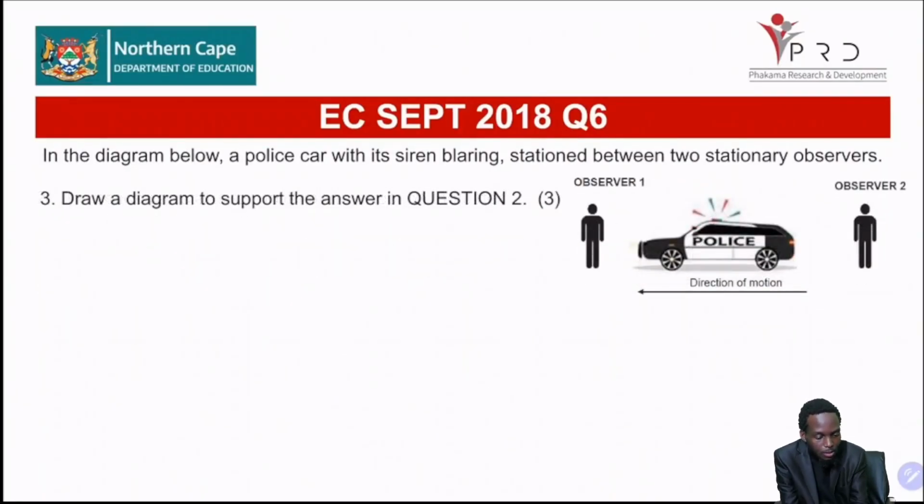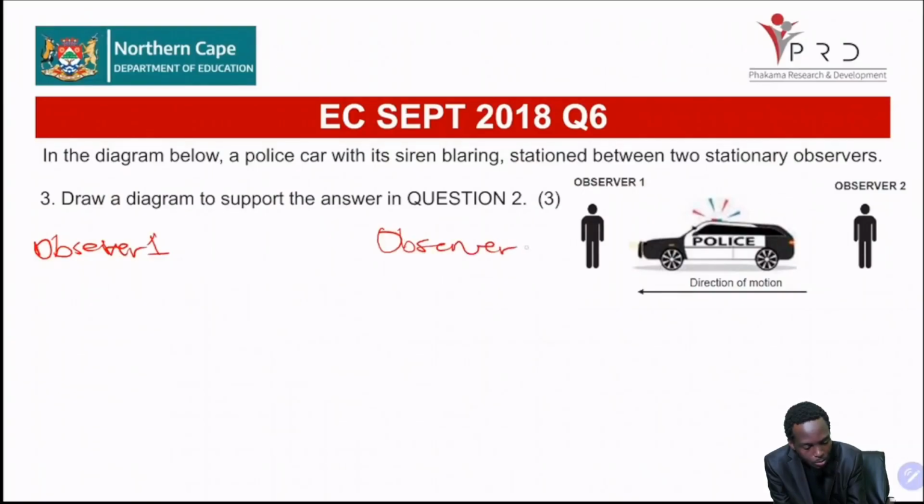The next question says, draw a diagram to support the answer in question 2. Okay, so our best bet is to obviously use waveforms, right? So I'm going to say observer number 1 is this side. This is observer 1. And then there's observer 2 over here. So when I draw my waveforms, this is what I'm going to do.